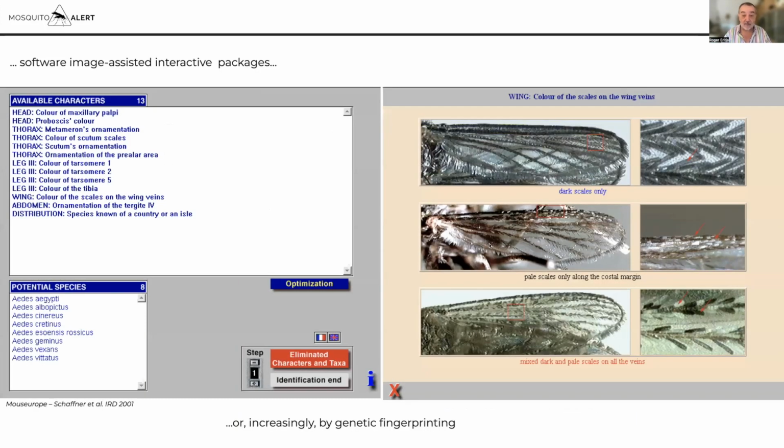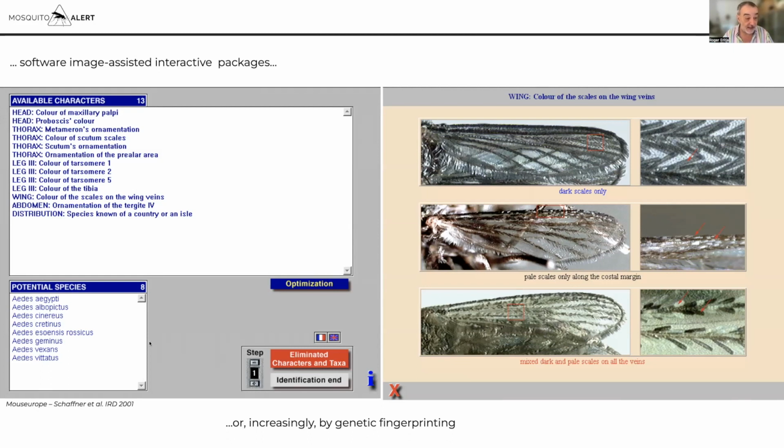There are more modern keys that are software keys, interactive and assisted by images, like this one, which is Mosquito Falk from Schaffner and collaborators. You have all the available characters together, and you can choose which character you would like to start with.